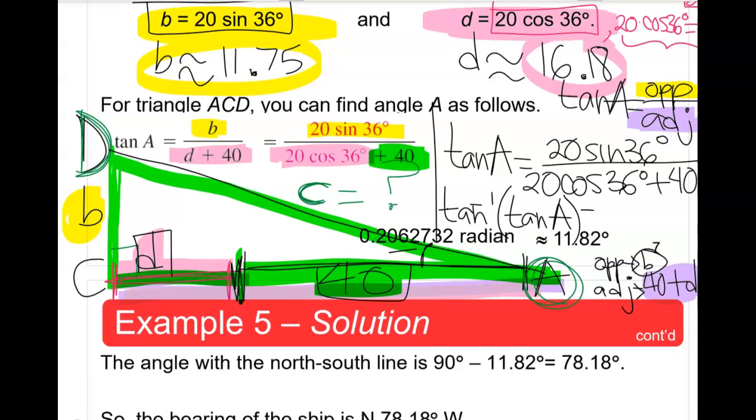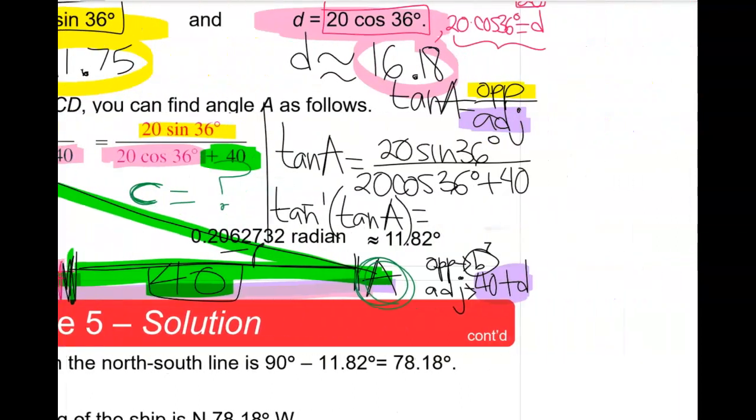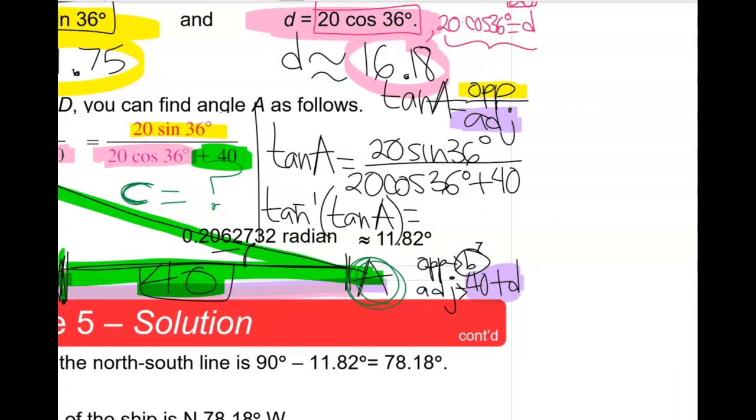And so in this case, it's like we are actually writing it. I'm going to actually write it down twice. So tangent inverse of all of this.